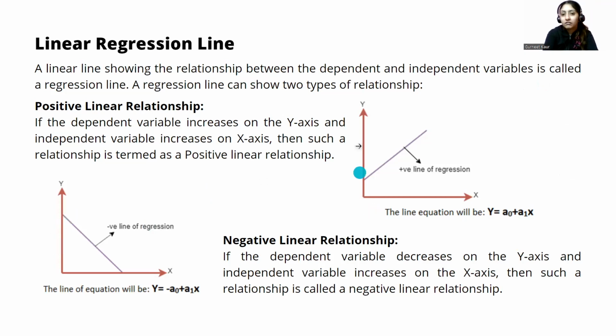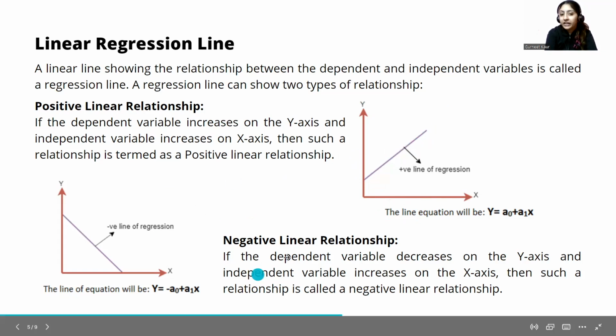As you can see in the graph, the dependent variable increases on the y-axis and the independent variable increases on the x-axis, so the line will go up. So in this case this is the positive line of regression.